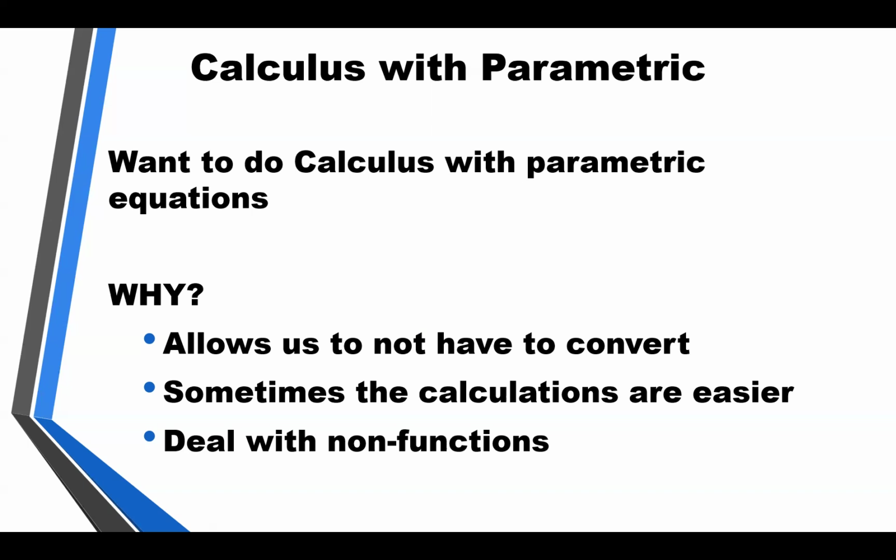And this is especially true when we're dealing with non-functions in the rectangular coordinate system. When I can't write y is equal to a function of x, but I have a nice parametric form, then a lot of times it's easier to deal with the parametric equations.